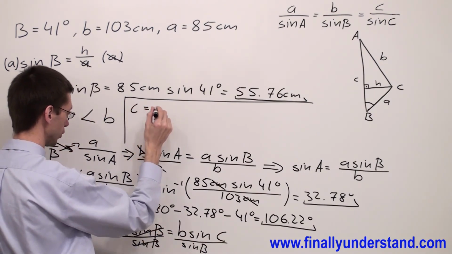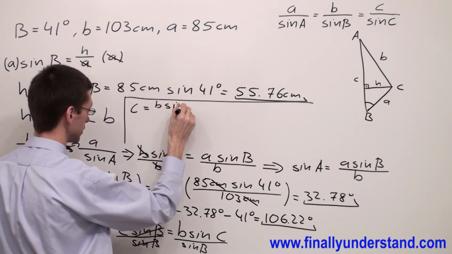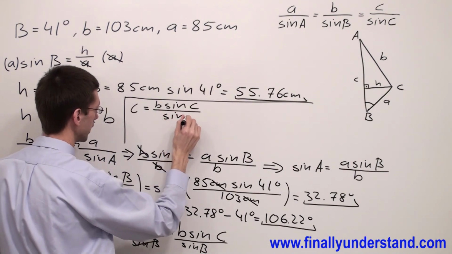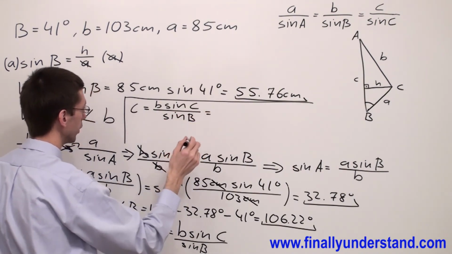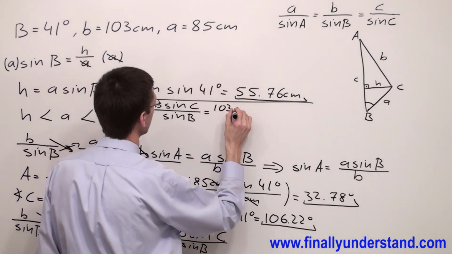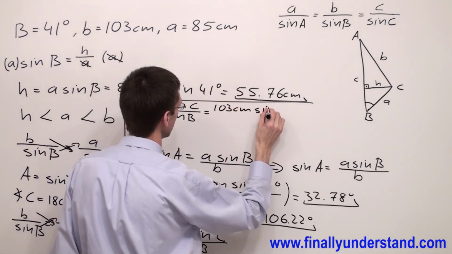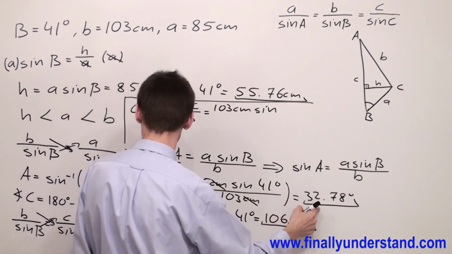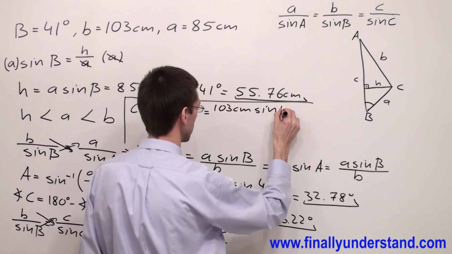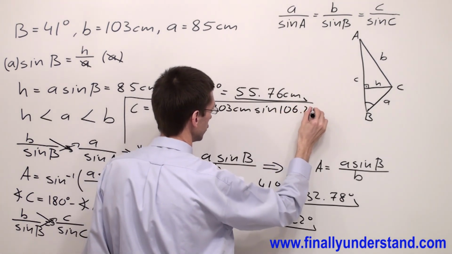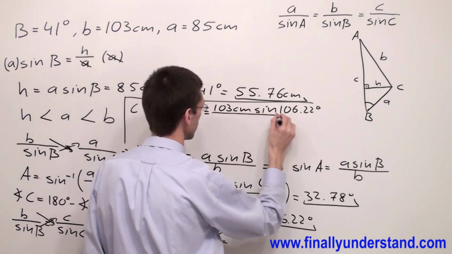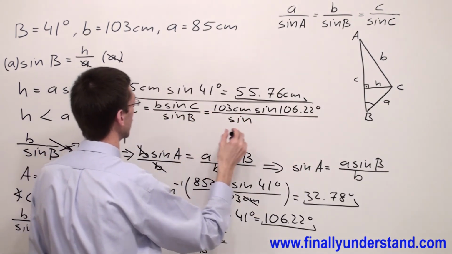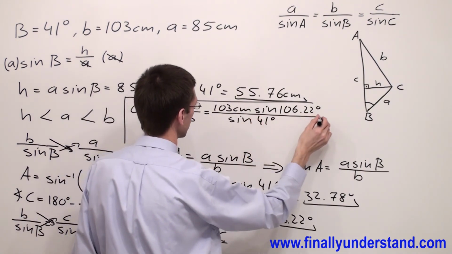So I have C is equal to B sine of angle C over sine of angle B, which is equal to 103 centimeters times sine of angle C, which is 106.22 degrees, over sine of angle B, which is 41 degrees.